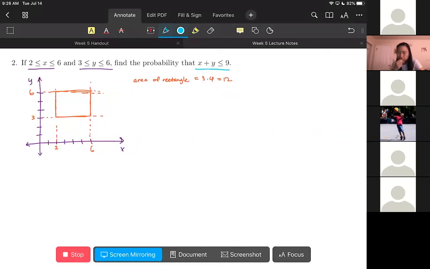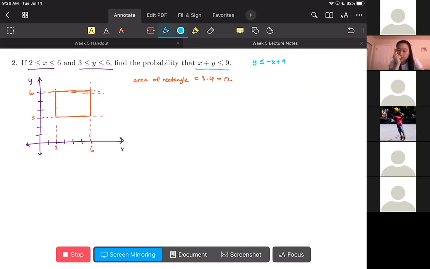We could maybe make it x minus 9 equals y. Okay. So it's actually not going to be equals, right? It's going to be y is less than or equal to negative x plus 9. Does that make sense?